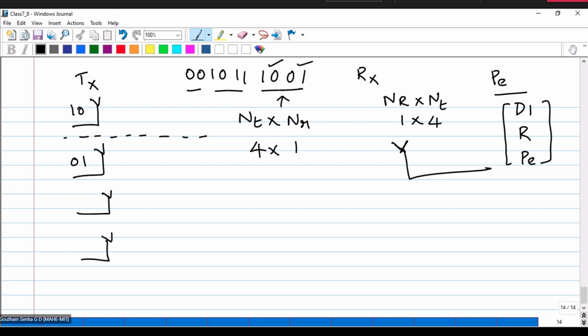Is it possible for me to transmit something like this over all the 4 antennas? Let's say I have 8 bits of information: 1 0 from one antenna, 0 1 from another antenna, 1 1 from one antenna, and 1 0 from another antenna. Is it possible for me to transmit all these things like this and to obtain a transmit diversity?